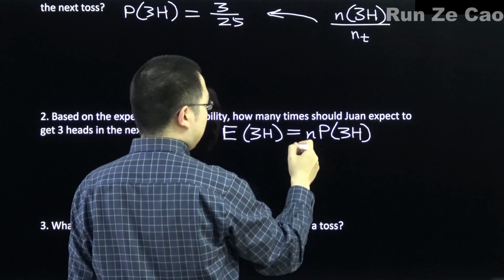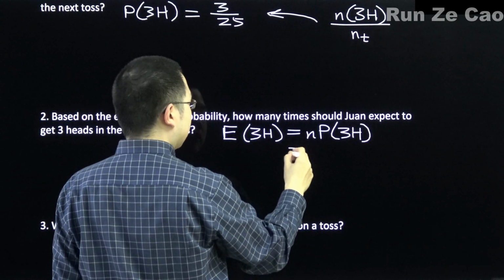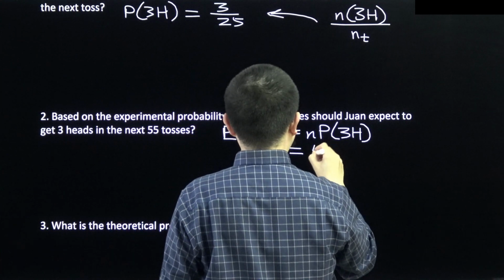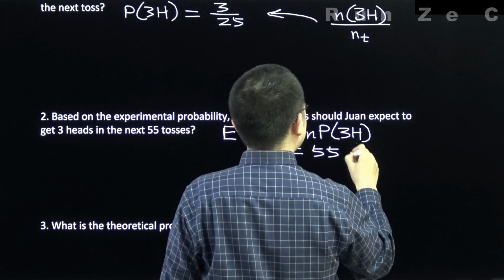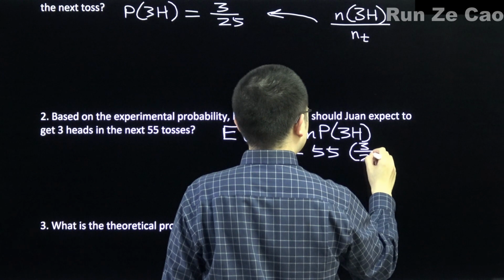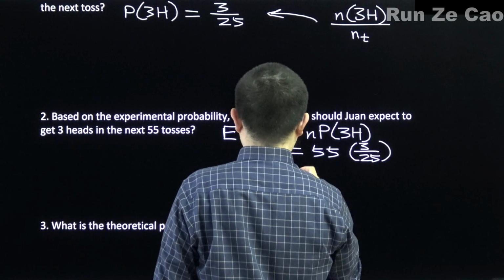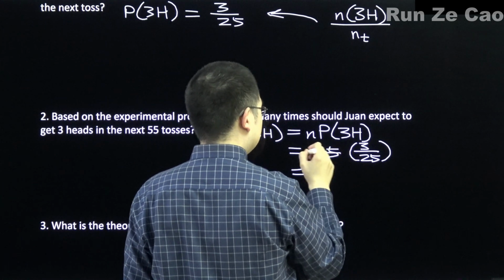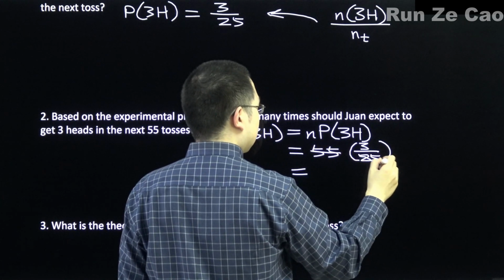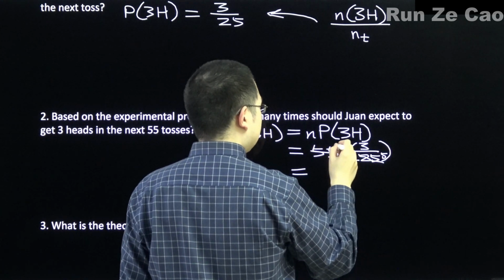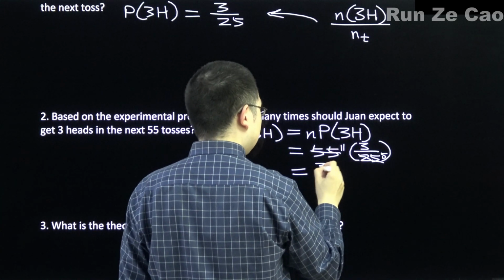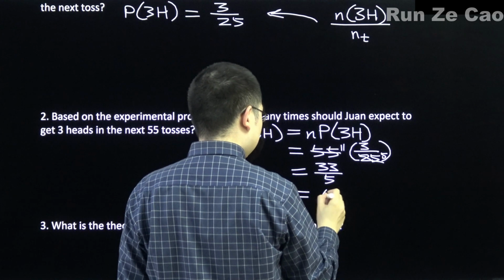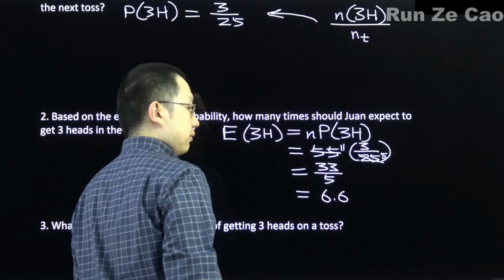It's the number of trials multiplied by the probability of your outcome, which means you're looking at 55 tosses times 3 in 25, which will give you, cancel this, and you get a 5 here, and then 11 over here, so 33 over 5, which is 6.6 times.